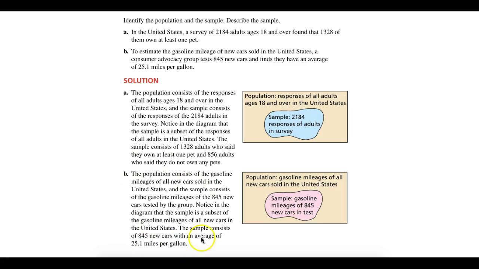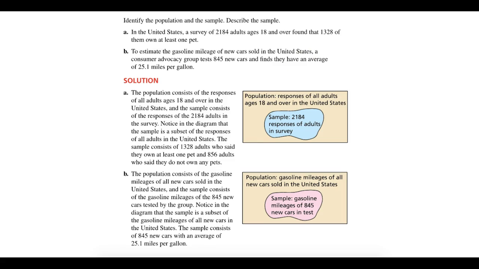Okay, now you have a little explanation here, but it's basically what I told you. Population is what we want information about, so all new cars sold in the US, and the sample is the subset of 845 new cars that were tested. This is, again, pretty basic. It's a lot of common sense in here.